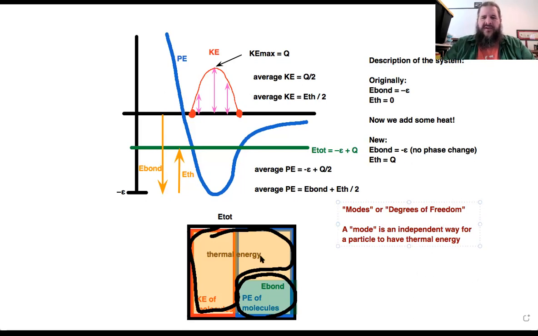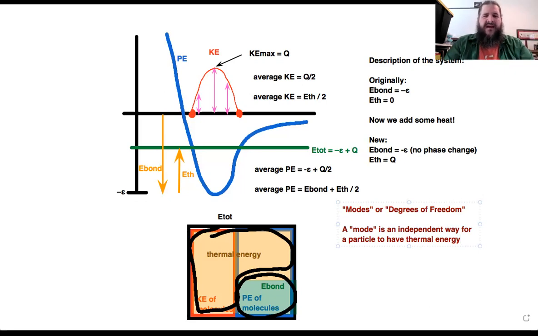So if the particles can have thermal energy that counts as kinetic and potential, they've got kinetic energy because they're able to move. And how many dimensions are they able to move in? Yeah, they can move in 3 dimensions. Any given particle, even if it's in a solid form, even if it's bonded and surrounded by other molecules, is able to vibrate in 3 dimensions, forward and backward, left and right, up and down.